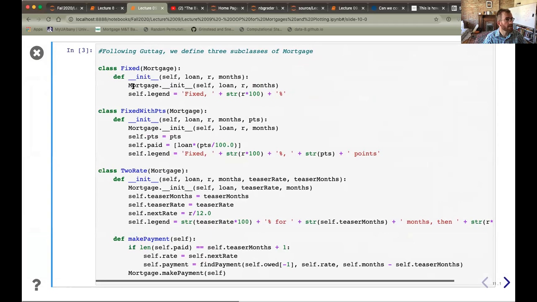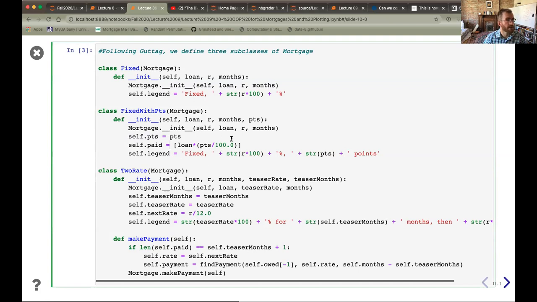But you'll notice that in all these cases, when we have our init method inside of the subclass, we're just going to essentially use the same init method from its superclass, mortgage, and then we're just going to modify the legend. The fixed with points, though, has other attributes that are not defined for a general mortgage. It's only defined for mortgages with points. And that's where we bring in the self.points attribute.